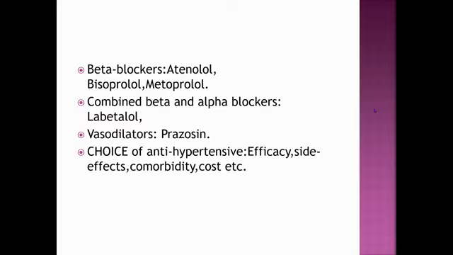Its side effects should be less, because hypertension is lifelong and he has to take that drug till death. So side effects should be minimal. Then comorbidity: the patient may suffer from diabetes, heart failure, any endocrine disease or renal disease. So comorbidity changes the choice of the drug.